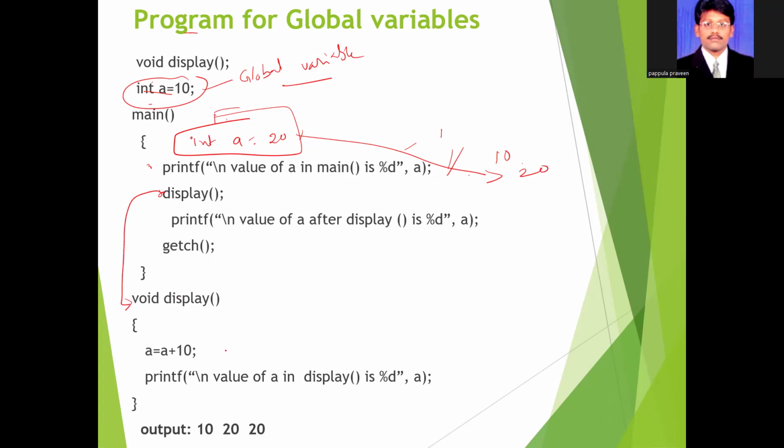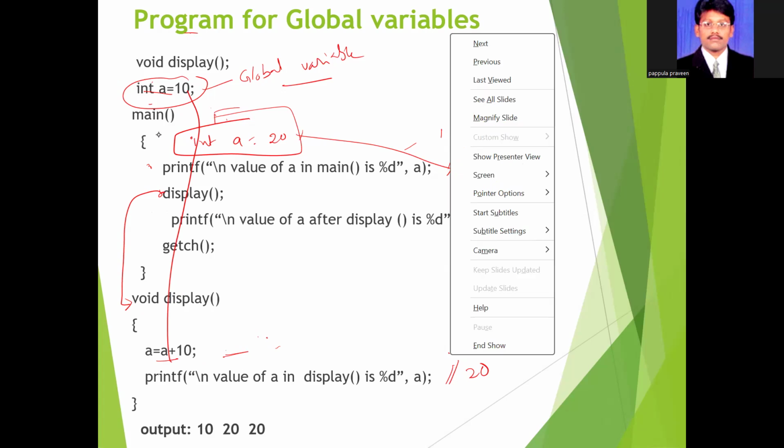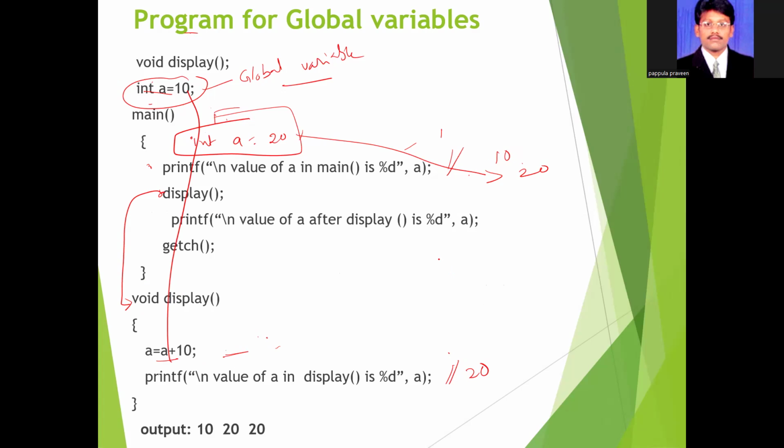Now a = a. What is the value here? The value comes from 10, right? And now this value is reflected here. That is the local variable and the global variable, right?